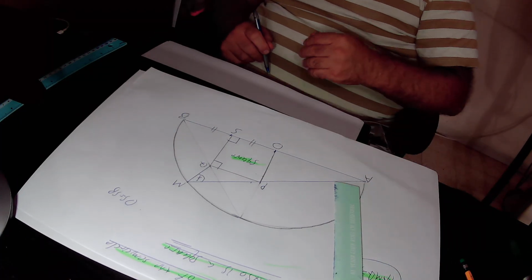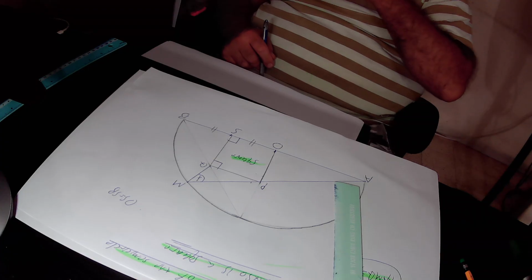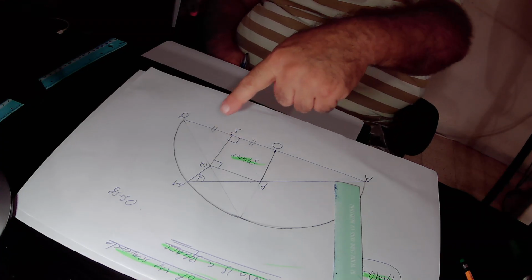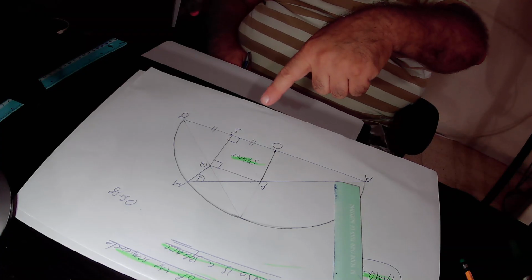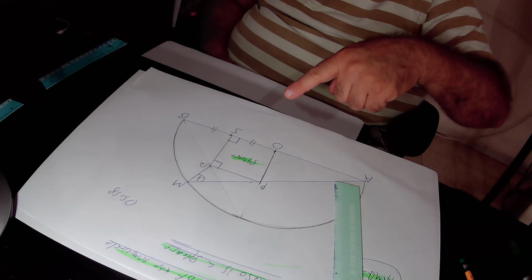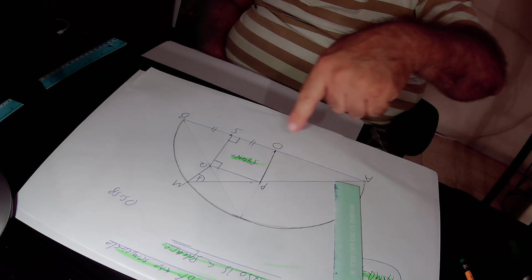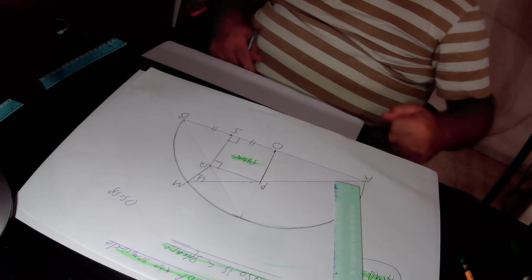In addition, we know that all the sides of any square are equal to each other. So in square PQSO, side OS is equal to side QS.